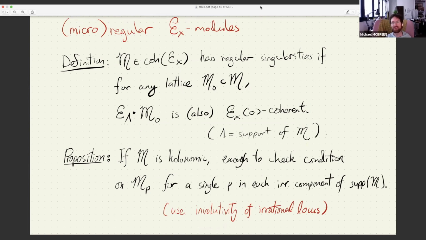So instead of saying E_X-coherent, you say O-coherent, which is invariant under the same symbols that we discussed, but you just take them in D, not in E. I'm not sure I forgot if that works, but it seems reasonable. Then it's the same definition as for E modules. That sounds reasonable.